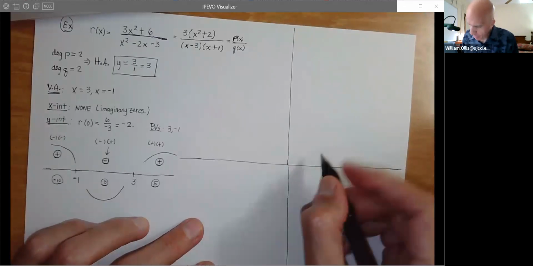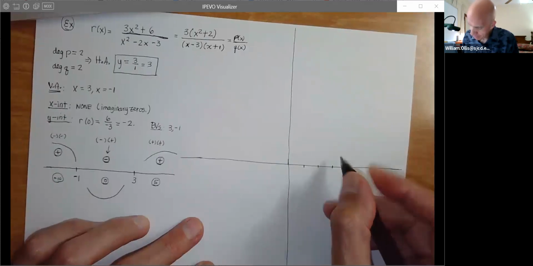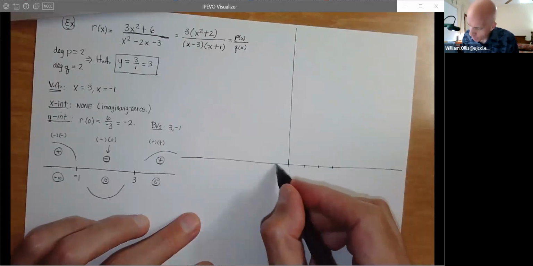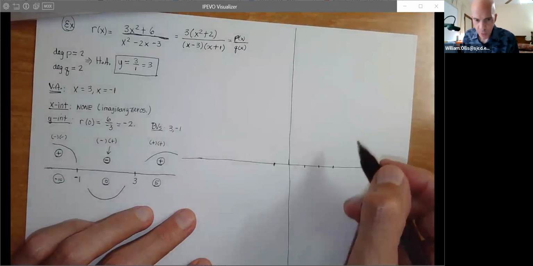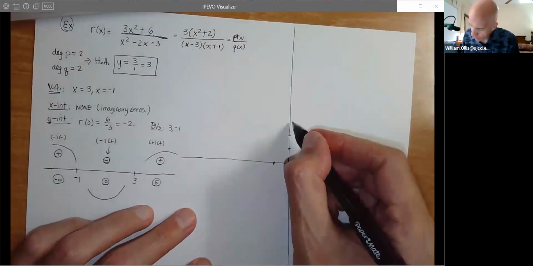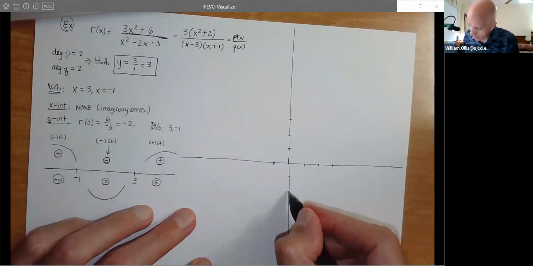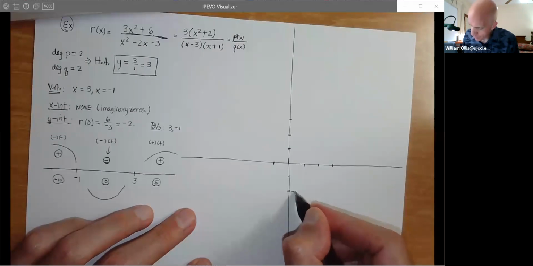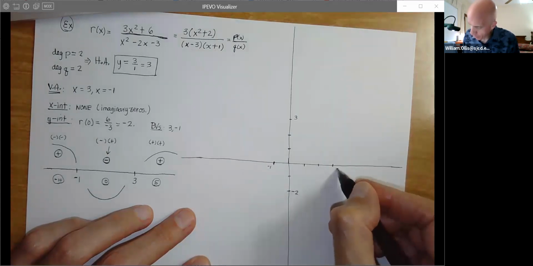Let's say we have 1, 2, 3, and then a -1. And for the y-intercept, we've got a -2, and 3 for the horizontal asymptote.